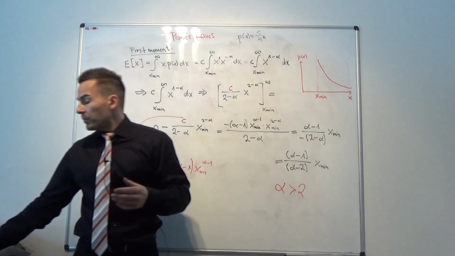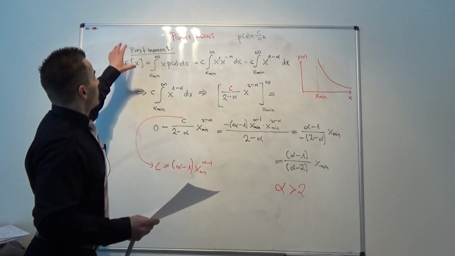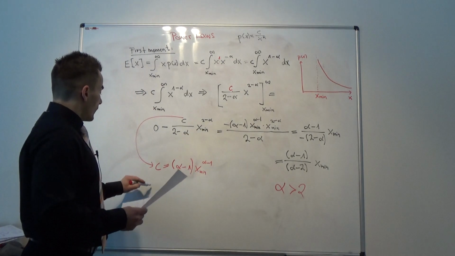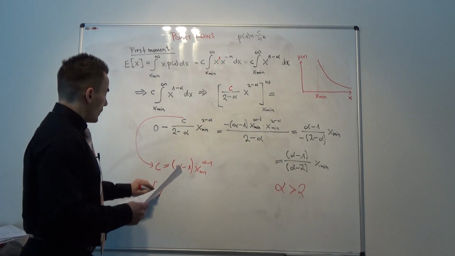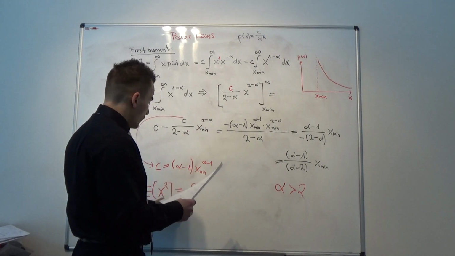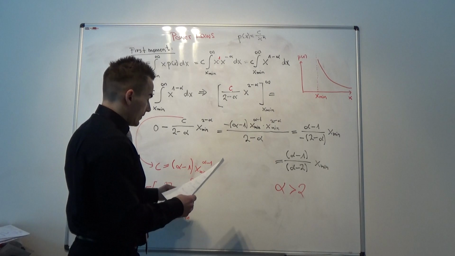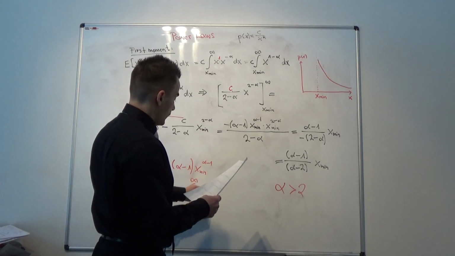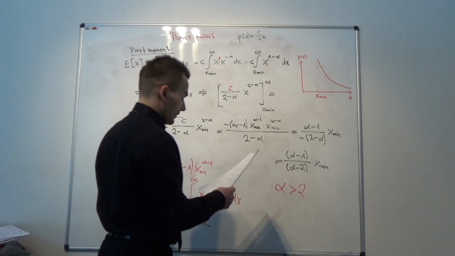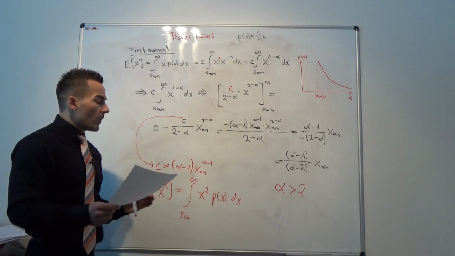What we have to bear in mind next is that, in the same manner as we derived the first moment, we can also derive the second moment. The second moment is the expectation of x squared, which is in essence the variance. We have to take the integral from x minimum until infinity of x squared times our probability function p of x dx. This is what you can do, or should do, as your homework.